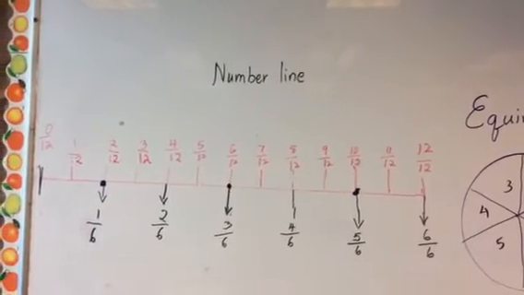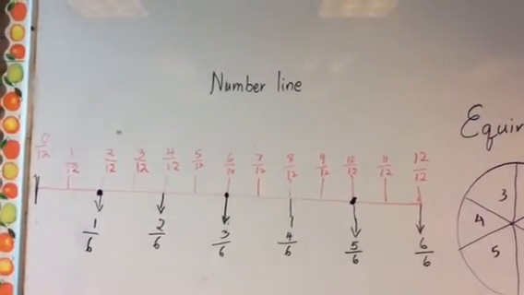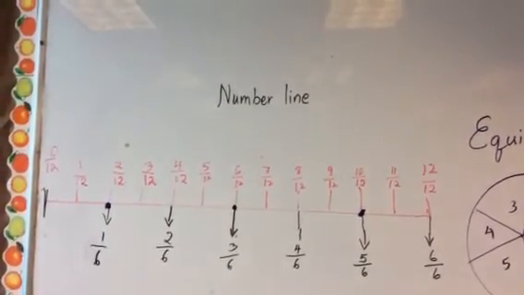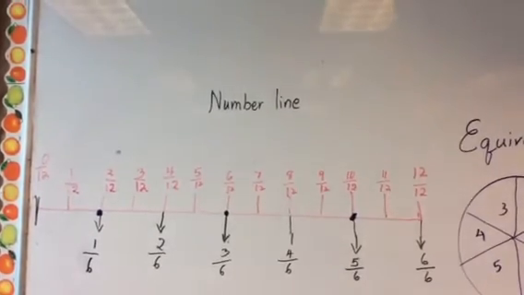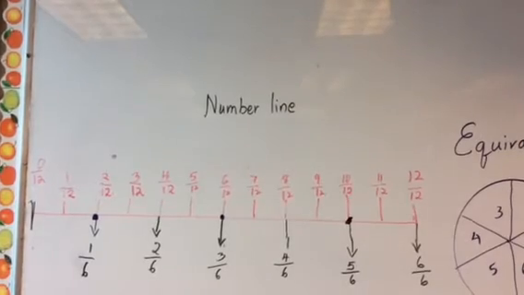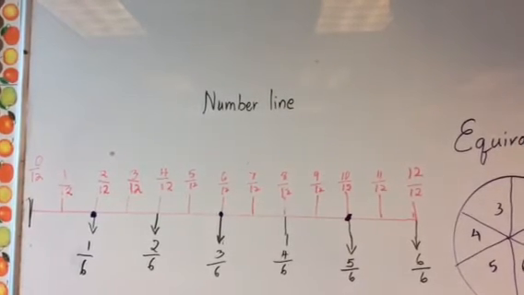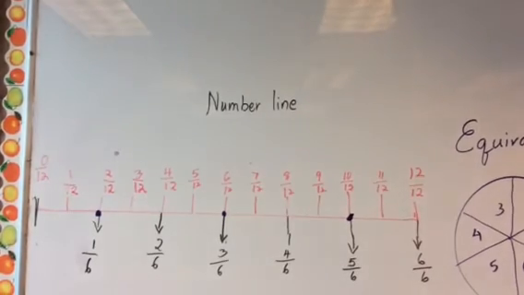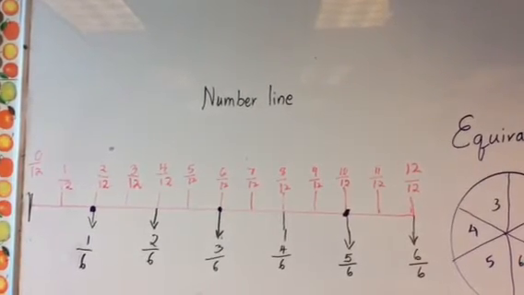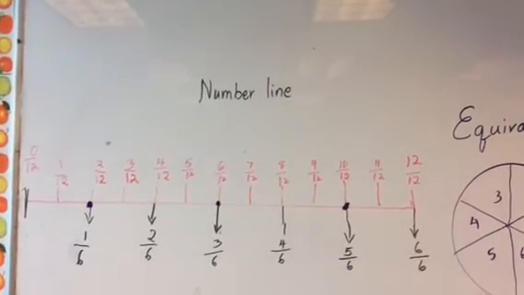So if you see, 1/6 is equivalent to 2/12. They are the same. That's why I put the dot over there. 2/6 is equivalent to 4/12. And 3/6 is equivalent to 6/12. 4/6 is equivalent to 8/12. 5/6 is equivalent to 10/12.